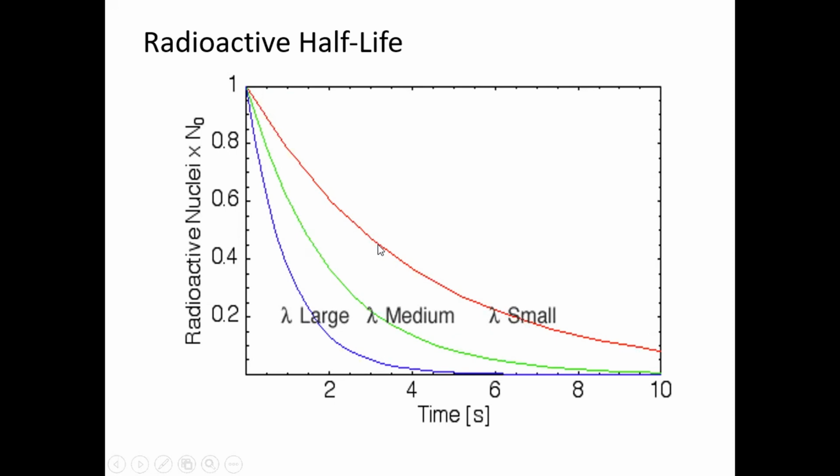So at any time, if you measure, you will find that the large lambda value elements will have smaller number, the medium will have intermediate values, and the smaller the lambda value, the larger will be the content available in the elements.